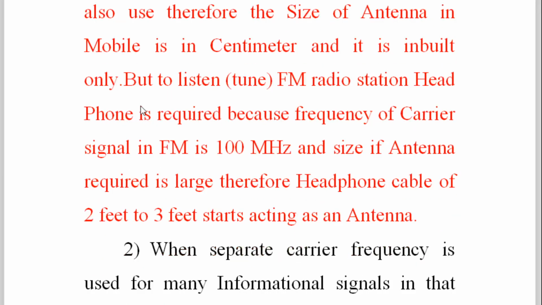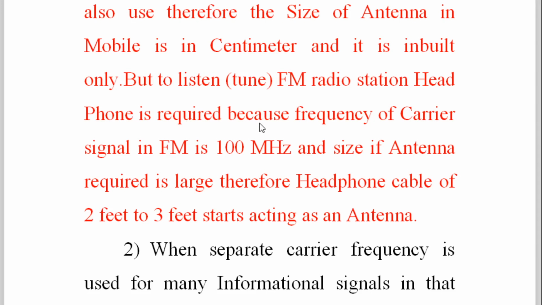But in a mobile there is also an FM radio station, so you can go to the FM radio station and listen. To listen means to tune the radio station. Tuning is done with that radio frequency. But to listen to an FM radio station, a headphone is a must.